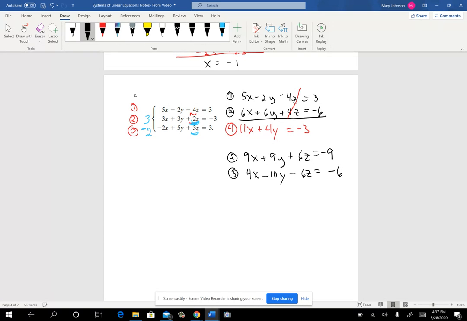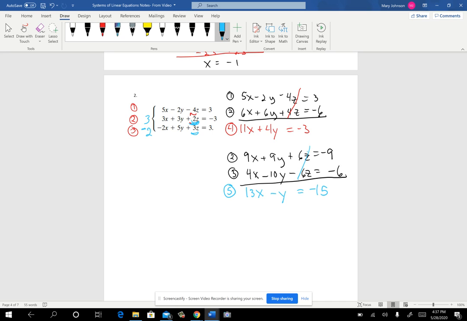Equals a -6. All right, now I'm going to add these together, and I made it so the z's would cancel out, and I get a 13x minus a y equals a -15. And after I write what I write, I always double check myself, because making a sign error is very time consuming if you make mistakes. So just be super careful.